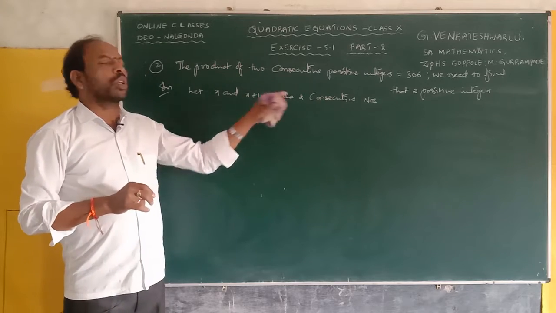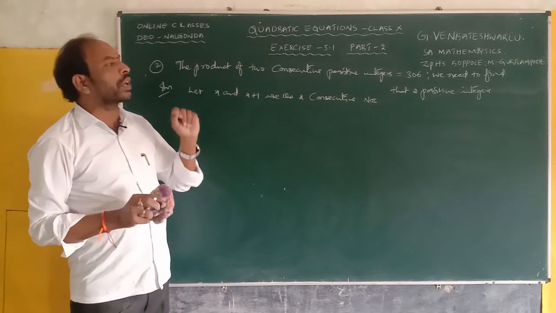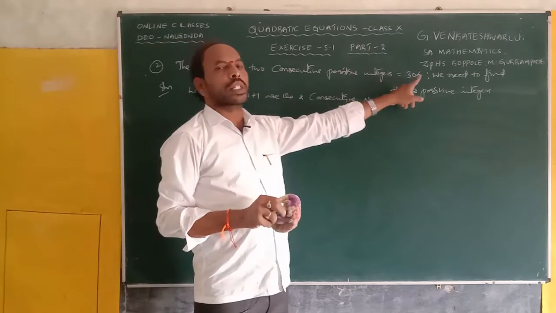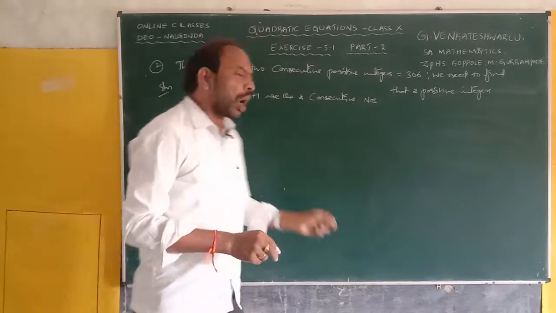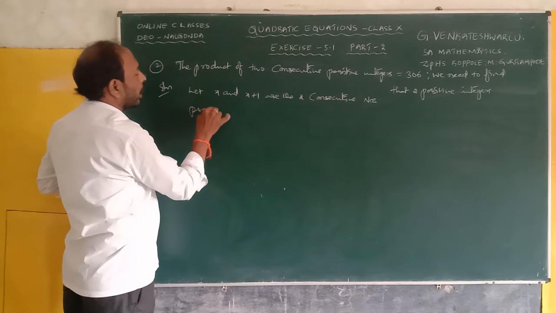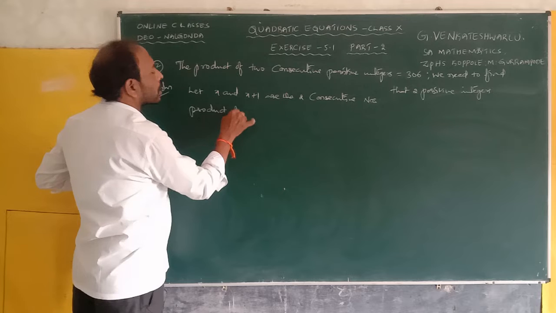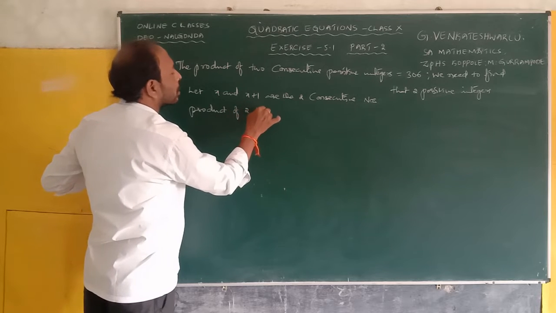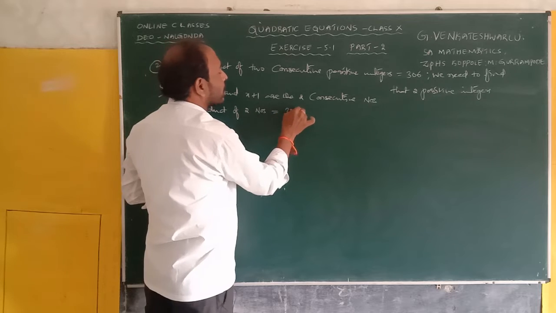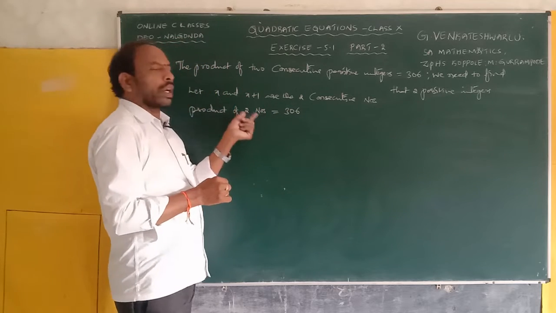Here it is given that the product of these two numbers is 306. This is the second condition: the product of the above two numbers is given as 306.